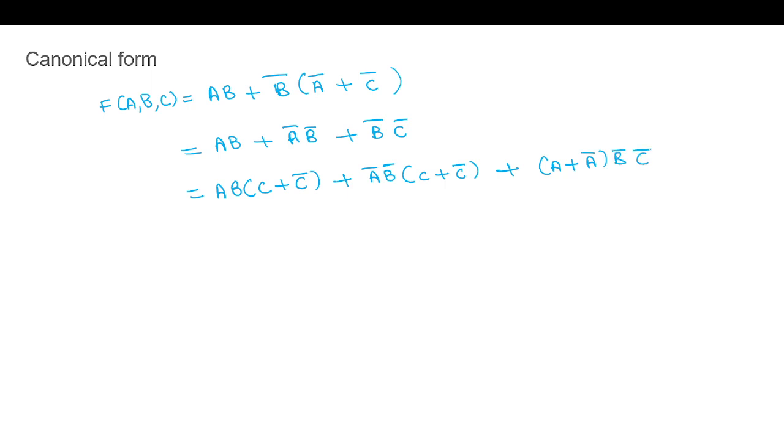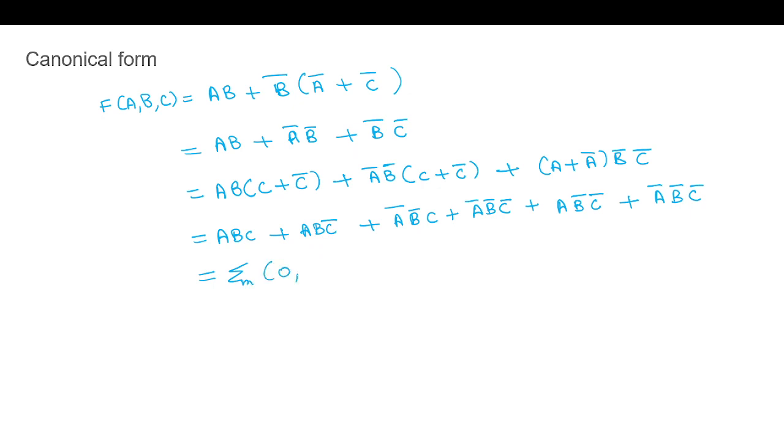Now you have to multiply this inside. So it is ABC plus ABC bar plus A bar B bar C plus A bar B bar C bar plus A B bar C bar, which is nothing but summation of 0, 1, 4, 6, 7.